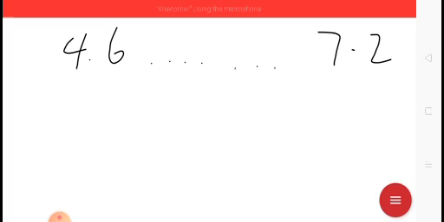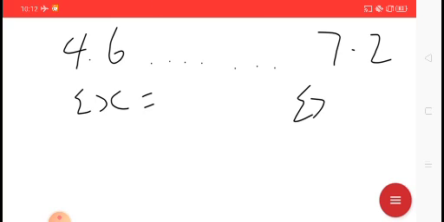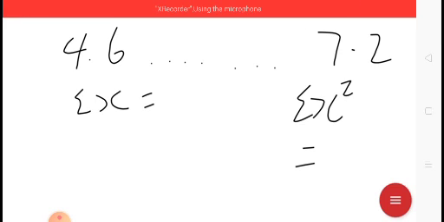So you need to calculate the sum of x first, then the sum of x squared. This is simple, because once you have these two, you can directly put them into the equation given just now and calculate the values. You cannot take a shortcut here.